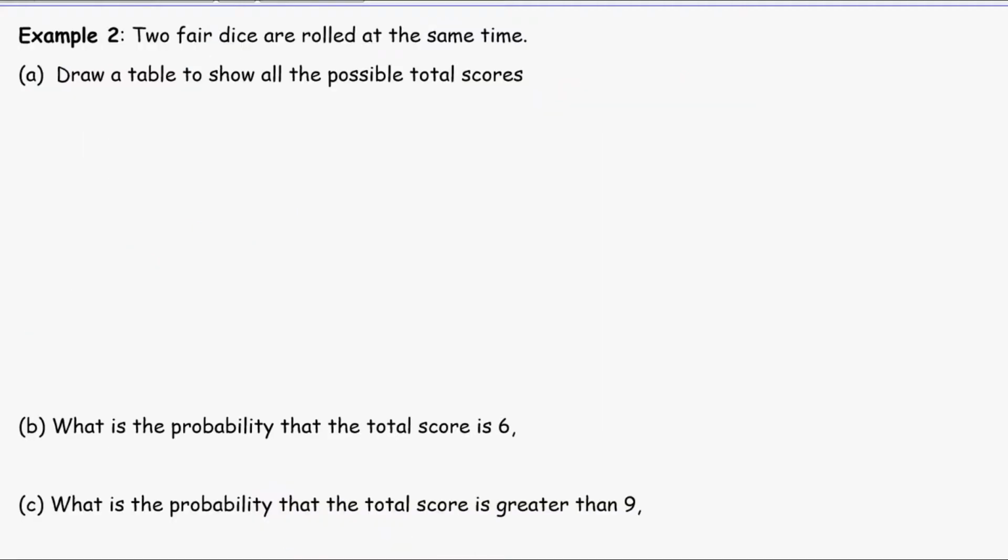Example 2: 2 fair dice are rolled at the same time. Draw a table to show all the possible total scores. So what I'm going to do again is to draw a table to show the 2 dice.